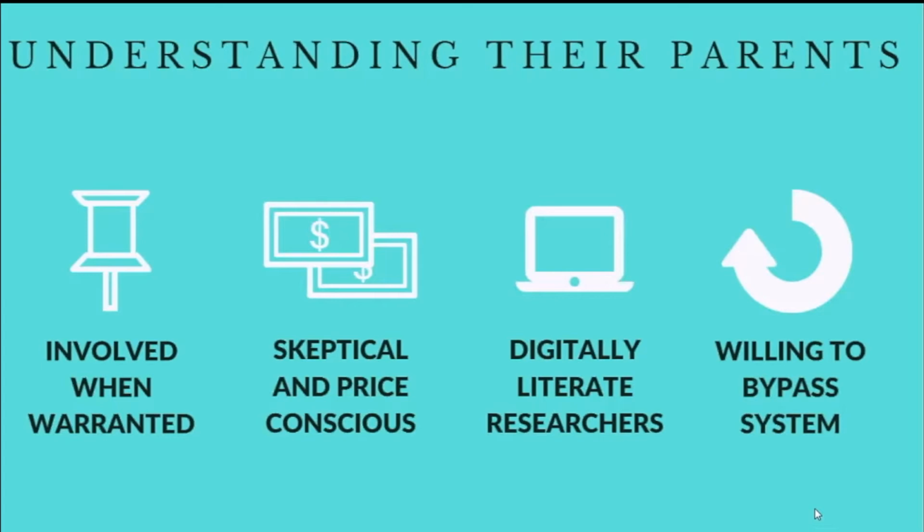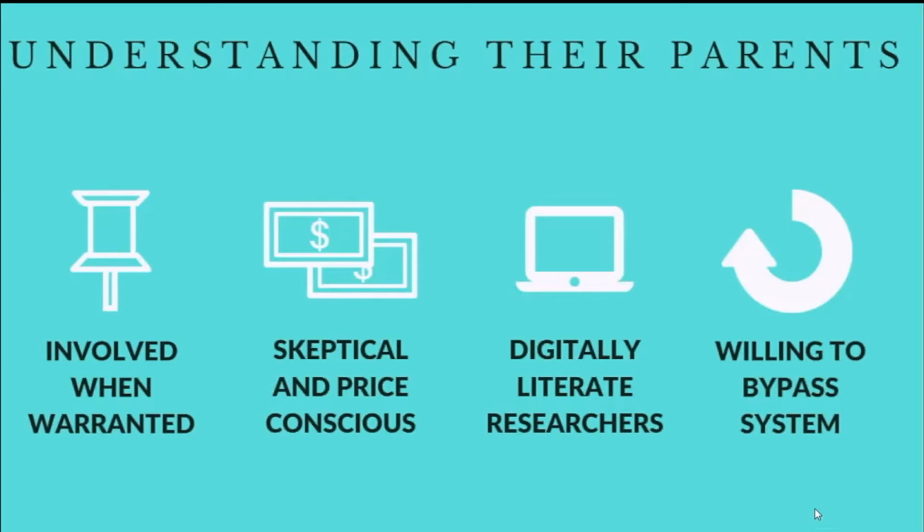And so that does influence how their student is approaching education, and they probably have already researched all of the different options, so they are much more aware than previous parents about what kind of opportunities are available to their students. And this one, I think, goes to that stealth fighter parent, willing to bypass the system.